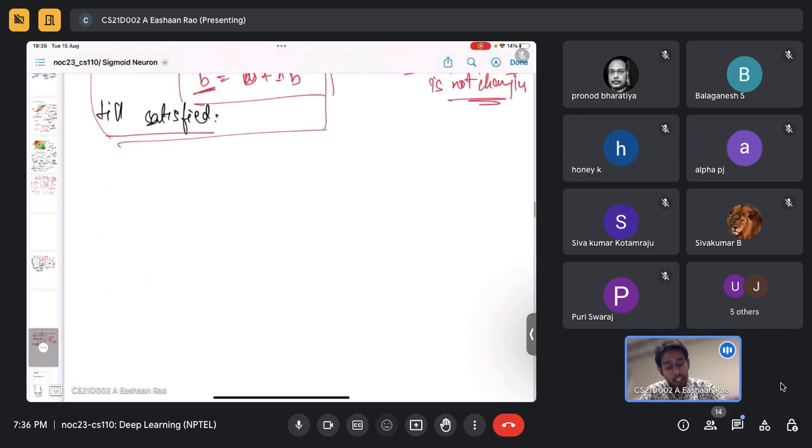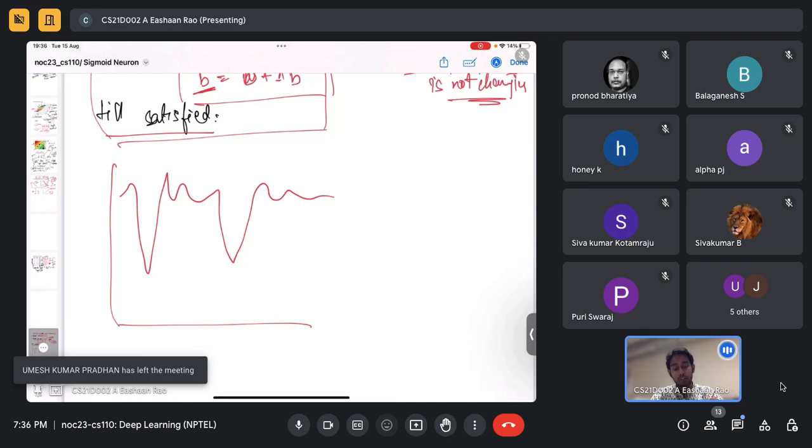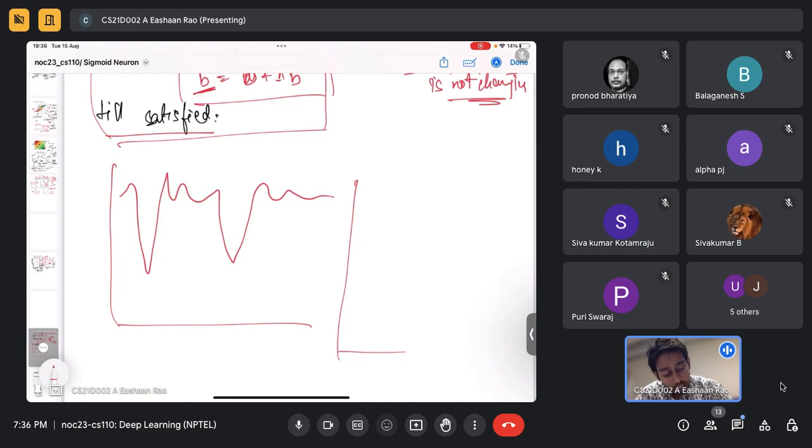Earlier in the Perceptron, when we plotted the accuracy, we found a curve with a lot of ups and downs, and what we want is a smooth learning curve like this.